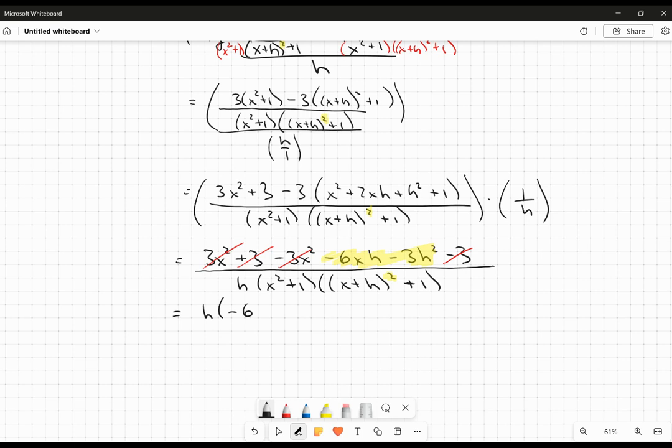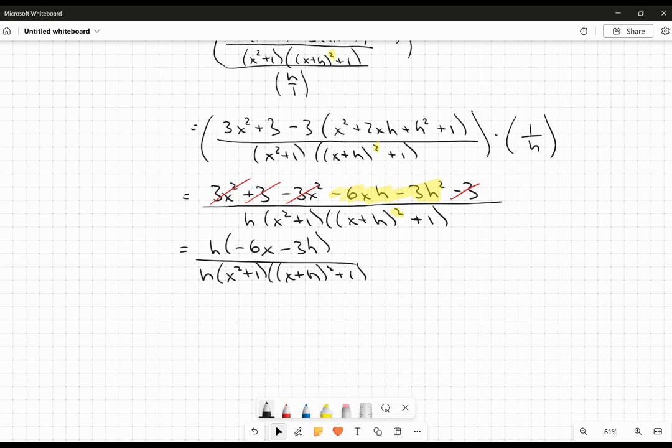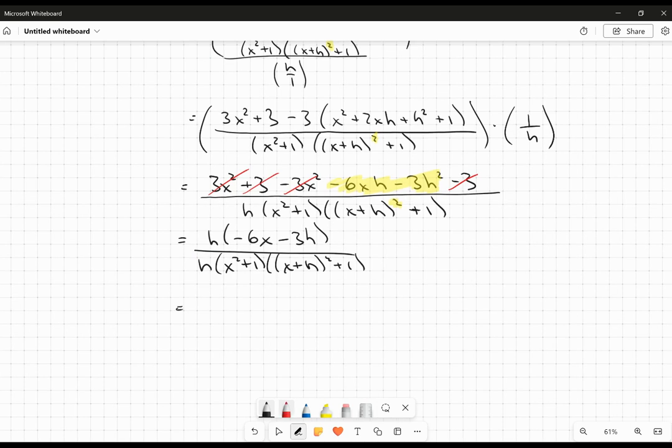And so I'm left with (negative 6x minus 3h) all over h times (x squared plus 1) times ((x plus h) squared plus 1). And then I'm going to cancel those h's. And then this will become (negative 6x minus 3h) over (x squared plus 1) multiplied by ((x plus h) squared plus 1).